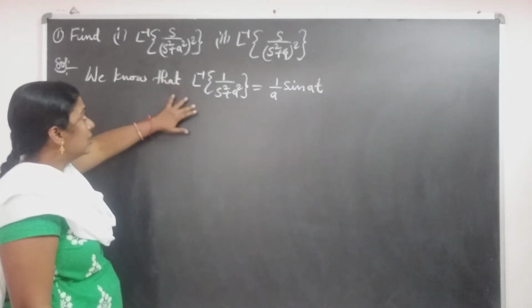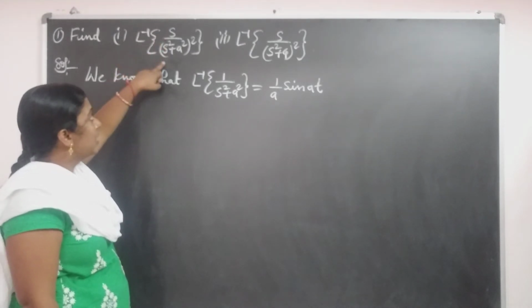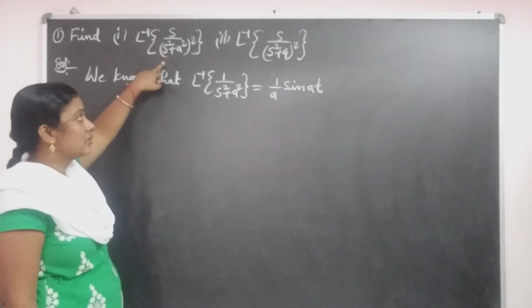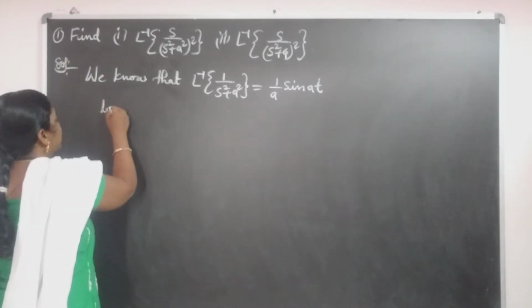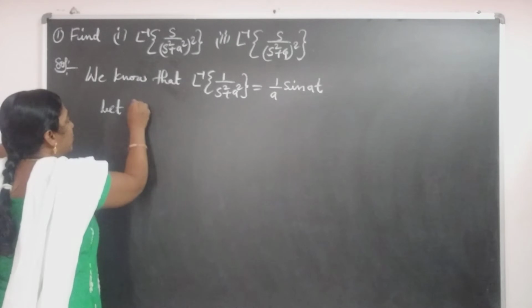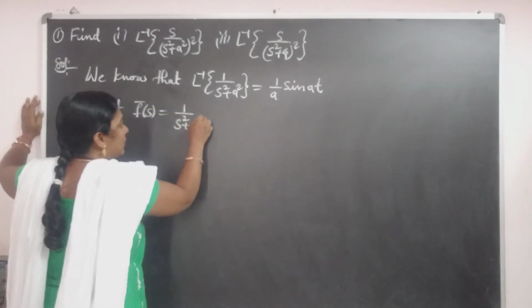Here the case is the inverse Laplace transform of S by (S square plus A square) whole square. Suppose we take f bar of S equal to 1 by S square plus A square.